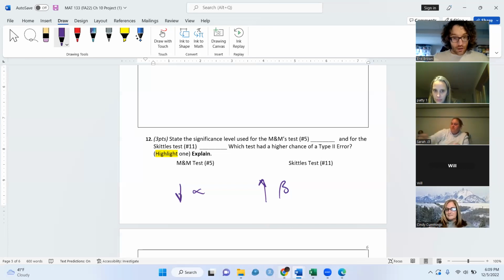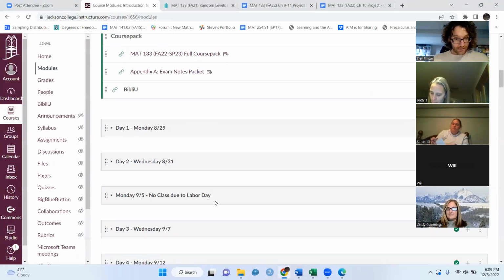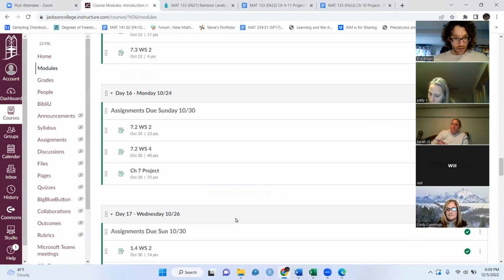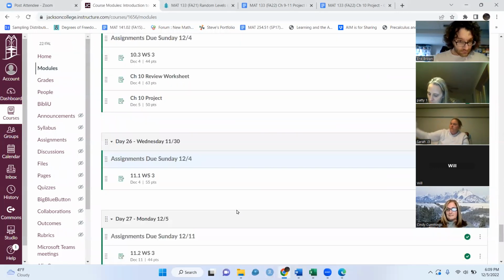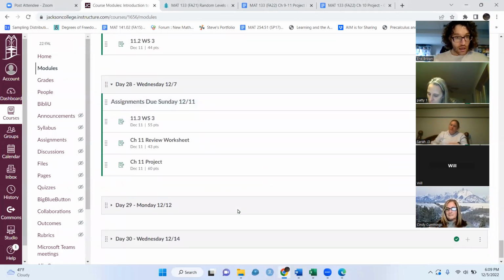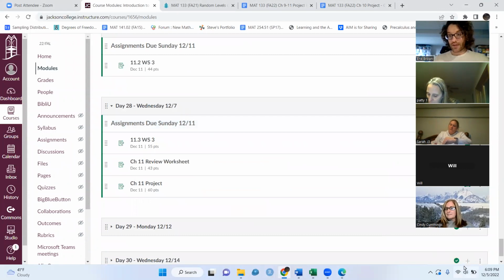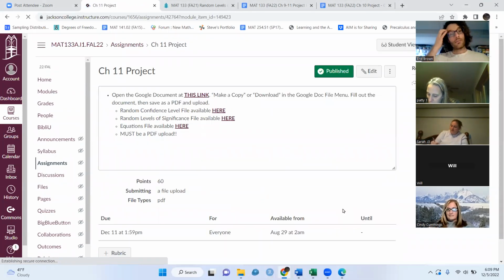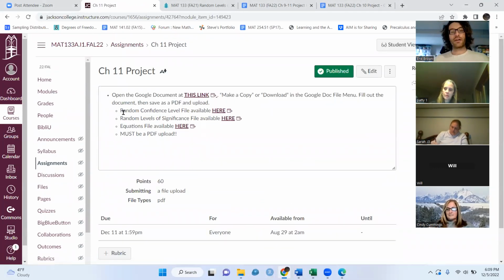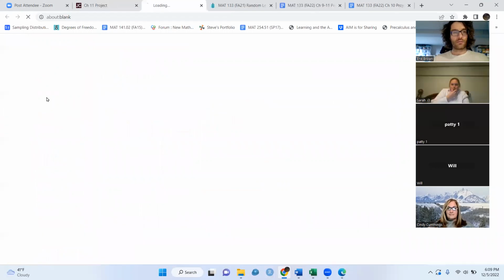Okay, cool. So the chapter 11 project is found on day 28. So that's Thursday's day. And similar thing. This time we have to randomly generate a confidence level for our confidence interval. You're going to do that once. So it's a different column of values.